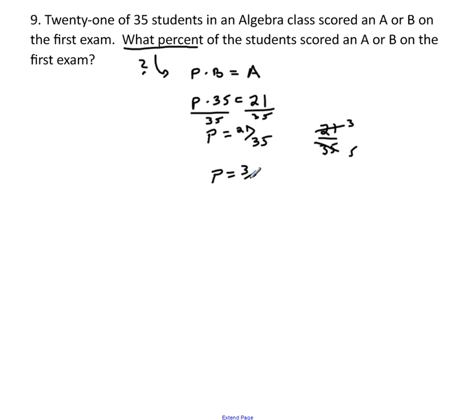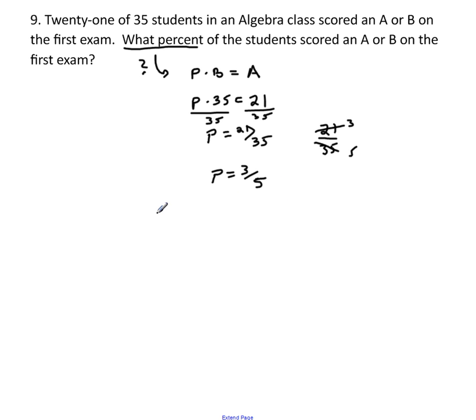So we want to figure out what 3/5 is. Remember that a percentage is some number out of 100. So if we're going to convert this into a percentage number, we're going to multiply it by 100.